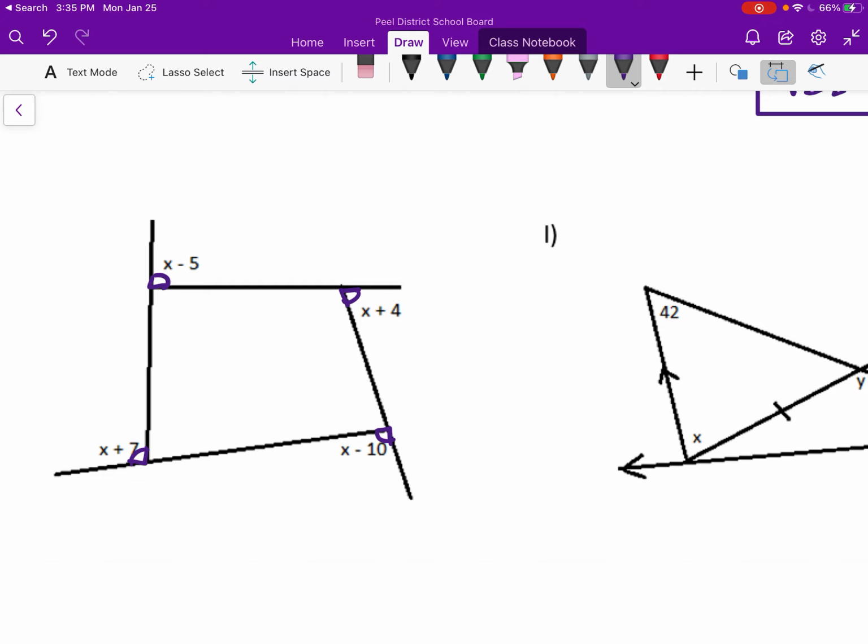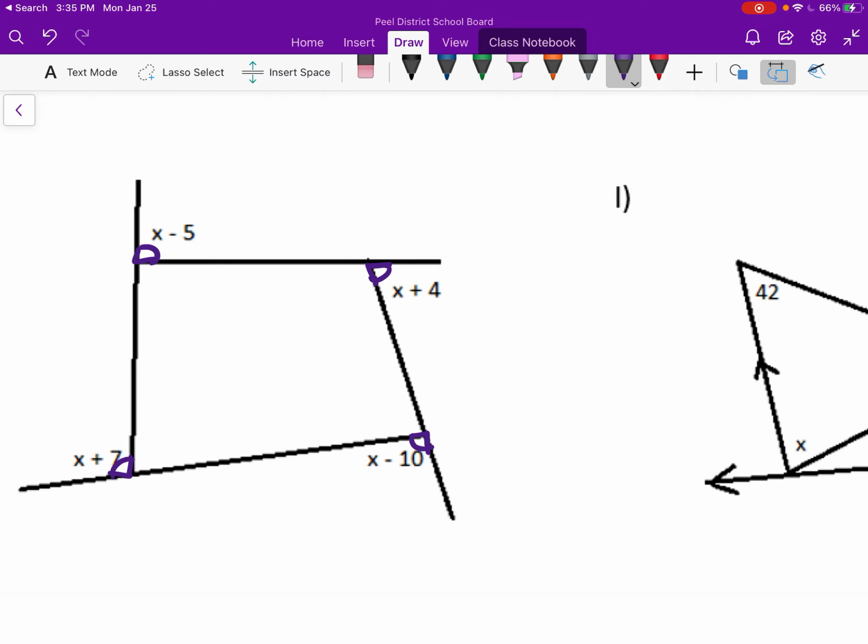The way that I actually saw this was a little bit different. So let's solve this using the polynomials, or the way that we know. So what I'm going to do is I'm going to say, all right, this is a straight line, right? Which means that this angle and this angle are supplementary to each other. So if this angle is x minus 5, I know that this angle inside is going to be 180 minus (x minus 5).